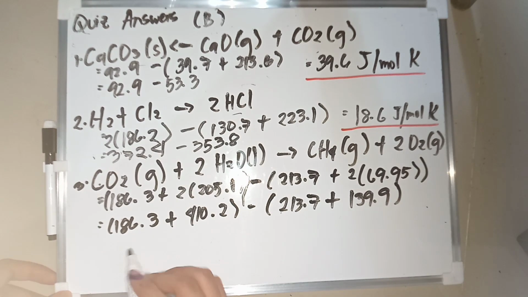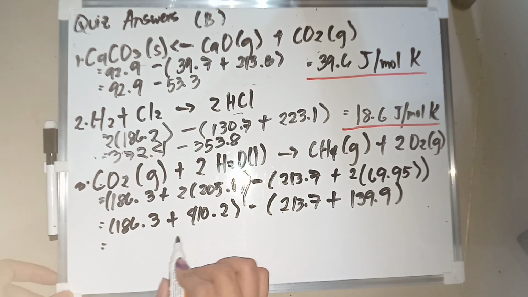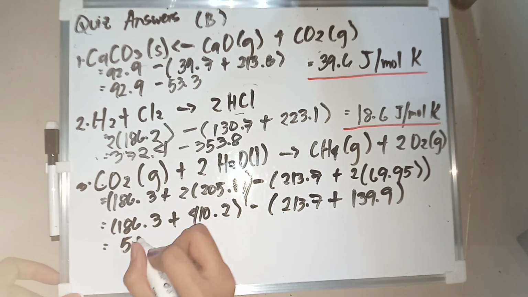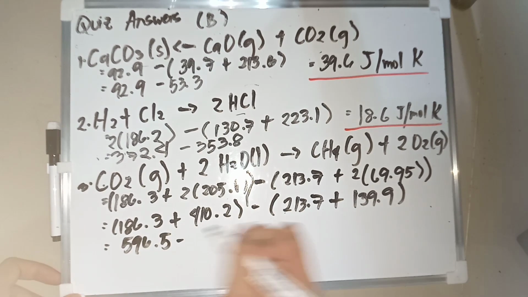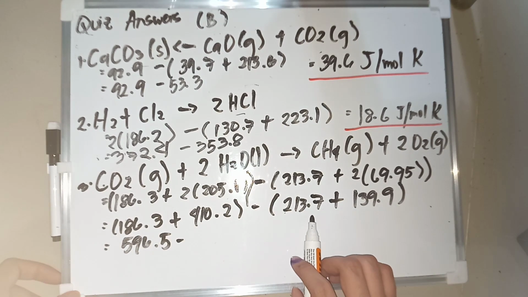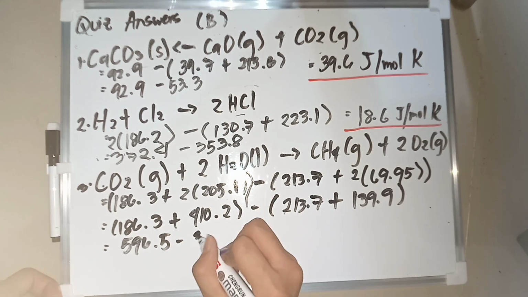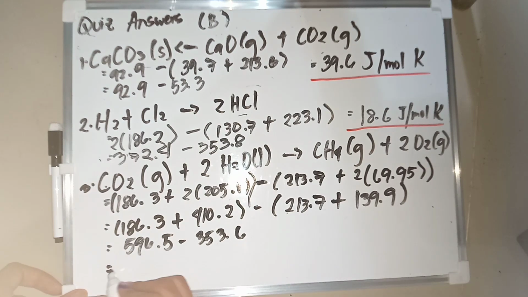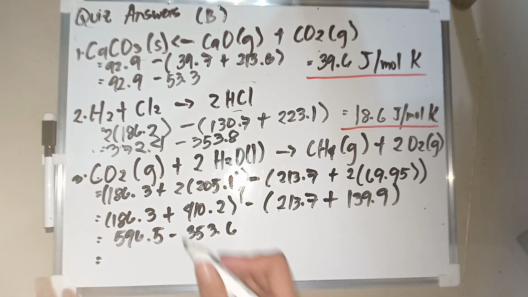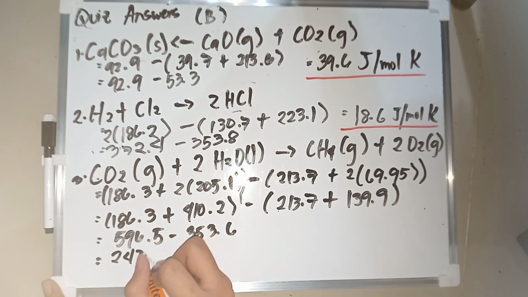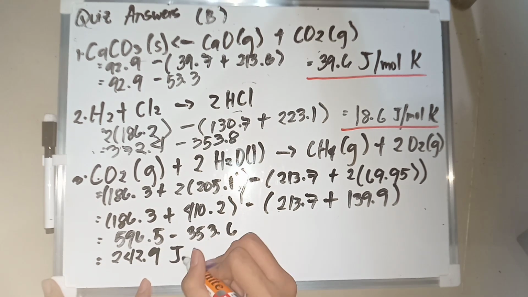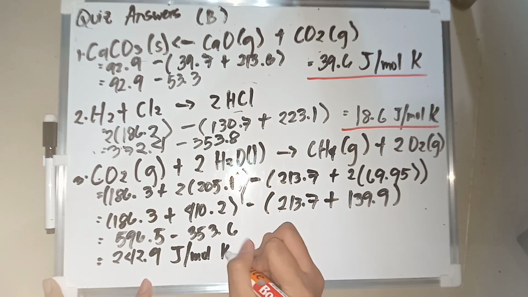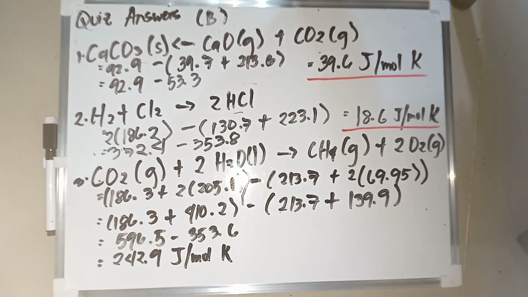So the sum of our product is 596.5 minus the sum of our reactant, which is 353.6. Our answer, or the value of our entropy, will be 242.9 joules per molecule Kelvin. Here is our answer.